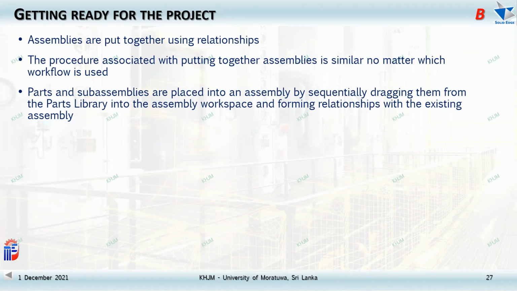Same sort of relationships that you have to define between two parts, or maybe between two part surfaces, or between two part references. You define different relationships. If you want to fix it, you define it that way. If you want to leave some freedom for movement, flexibility, that also you can define.